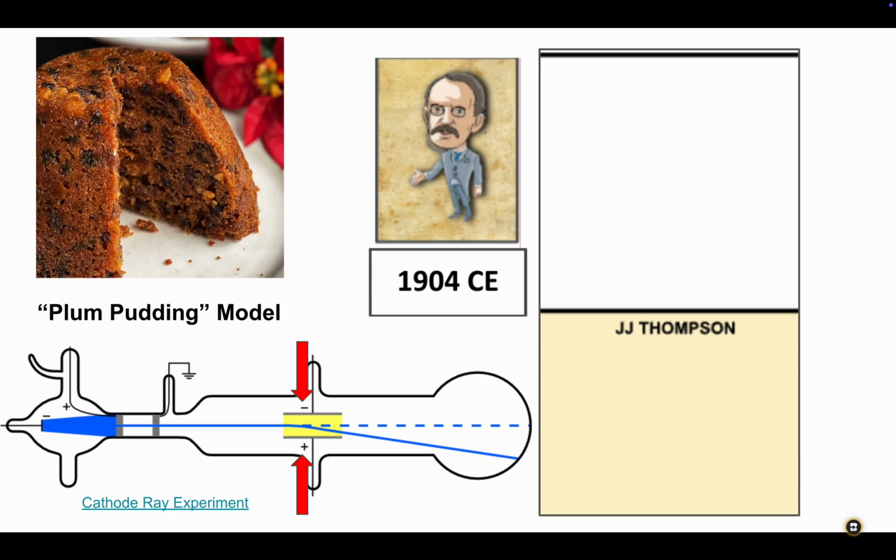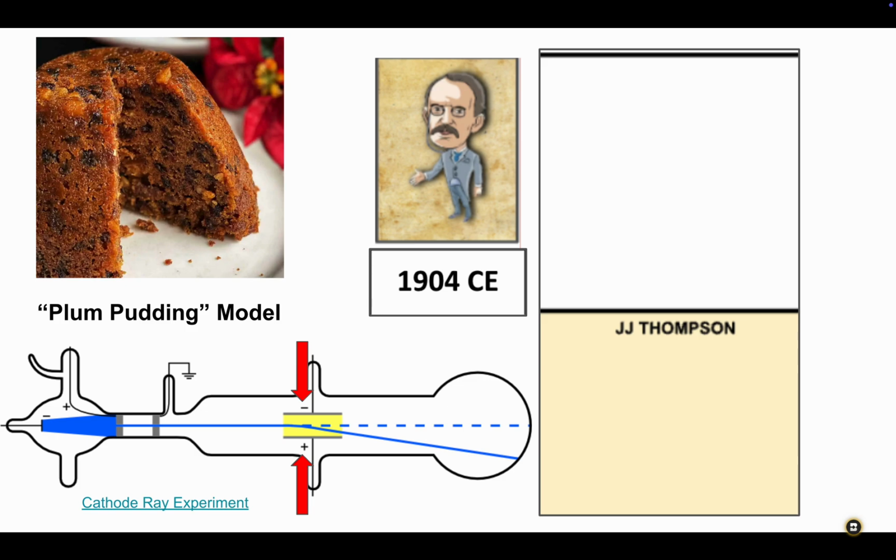And then he noticed that the beam could be bent by magnets or charged plates, which you guys understand now, because when we were doing our games with our magnets, you understand how charged particles behave. Like charges repel and opposite charges attract. So take a look at that beam of light that's going through. It's the blue line.